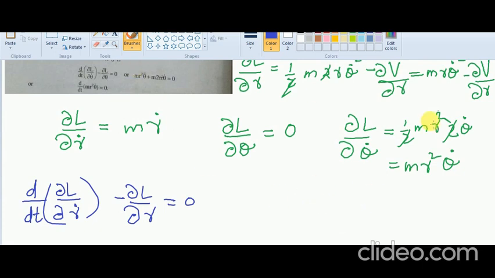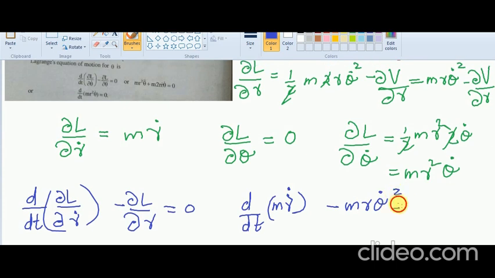Okay, so this will be d by dt of dou L by dou r dot, that is m r dot, minus dou L by dou r. Dou L by dou r is m r theta dot square, minus of minus will become plus dou v by dou r, equal to 0.